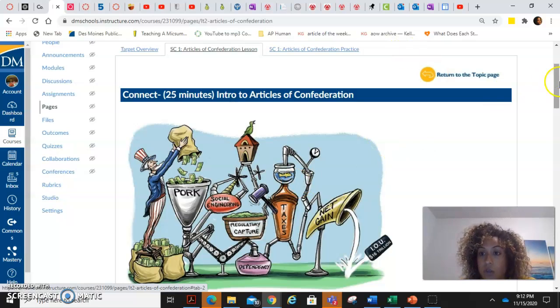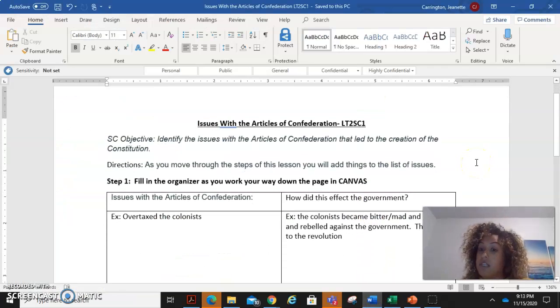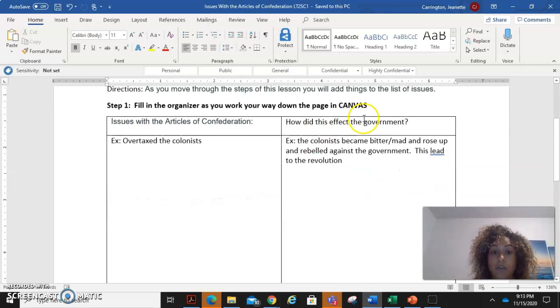Okay? You can do this note taking in the document I am sending to you. Here is a chart. Feel free to customize it in any way you see fit. As you can see, on one side we have the issues, and on the other side we have the effects, so cause and effect. Okay, I have an example over here.